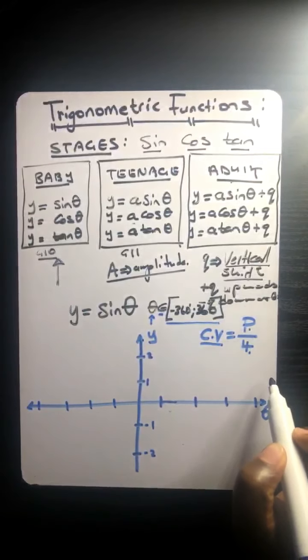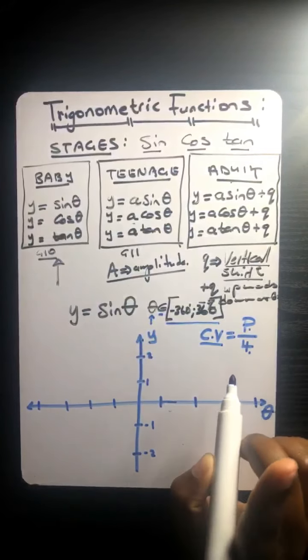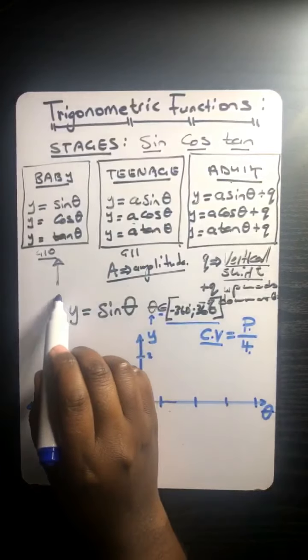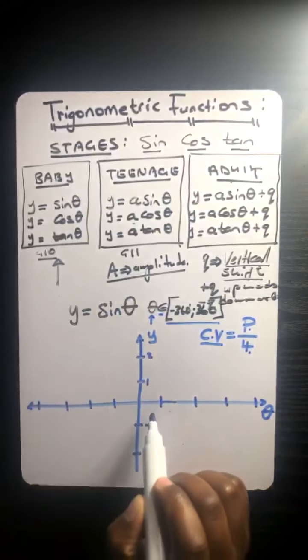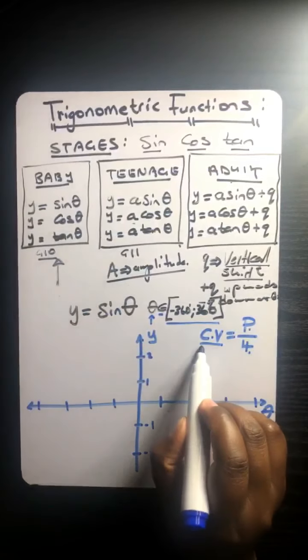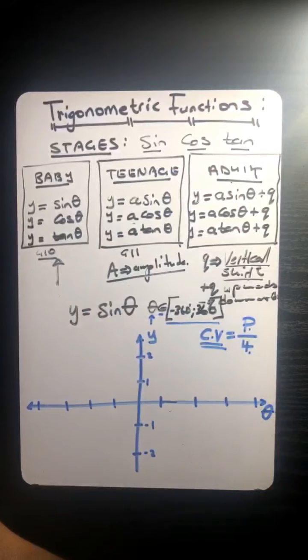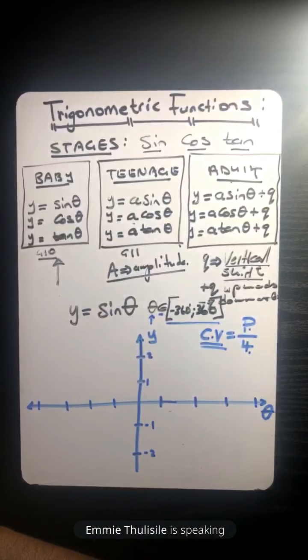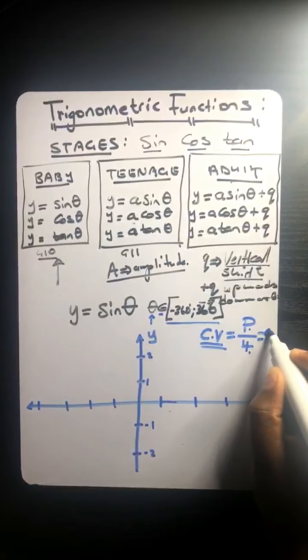Now that the period for this function is 360 degrees, what is the critical value? Is there someone who can calculate using this formula? 90 degrees. Yes, it's 90 degrees.